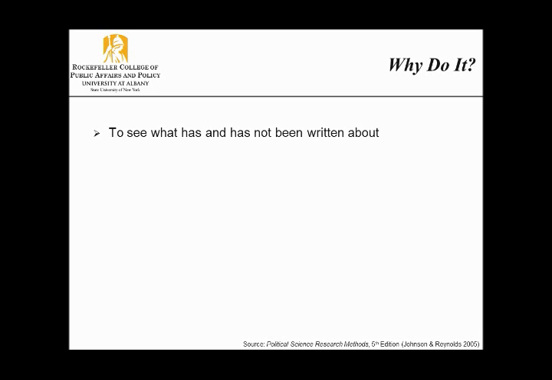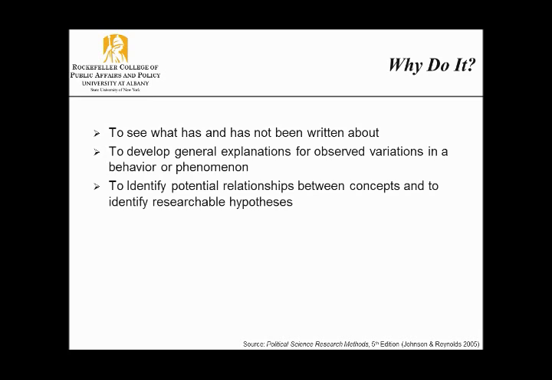First, as we discussed earlier, a literature review is done to find out what has been written about in this subject. However, it is also done to identify what has not been written about. A literature review also allows us to develop a general explanation which helps us answer why this is happening.